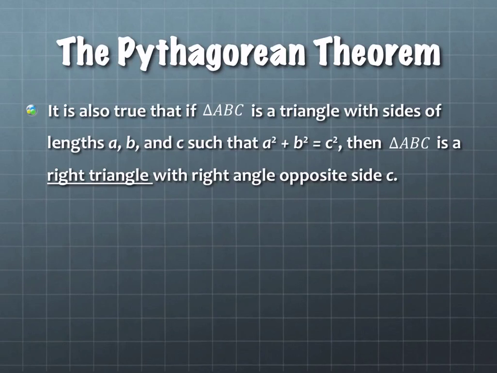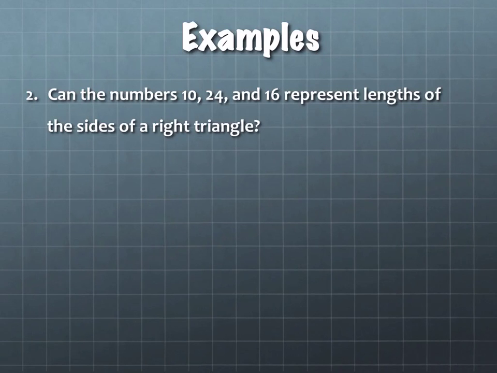In other words, we can do the next problem, because the next problem wants to find out, if I give you 3 sides of a triangle, can you figure out if the triangle is a right triangle? And the answer is yes, you can. You just have to see whether or not it satisfies a squared plus b squared equals c squared.